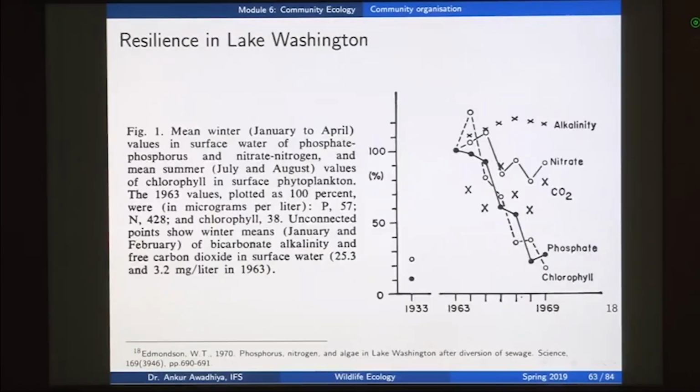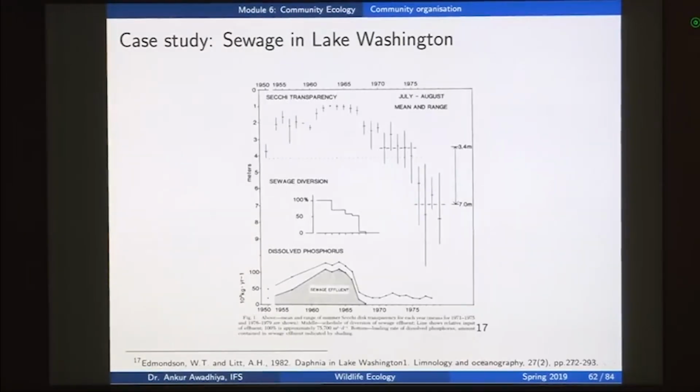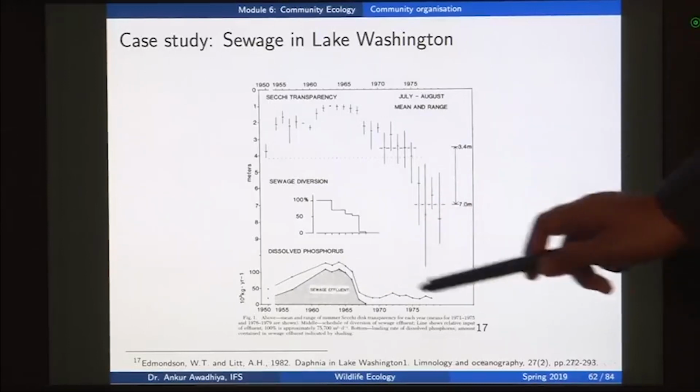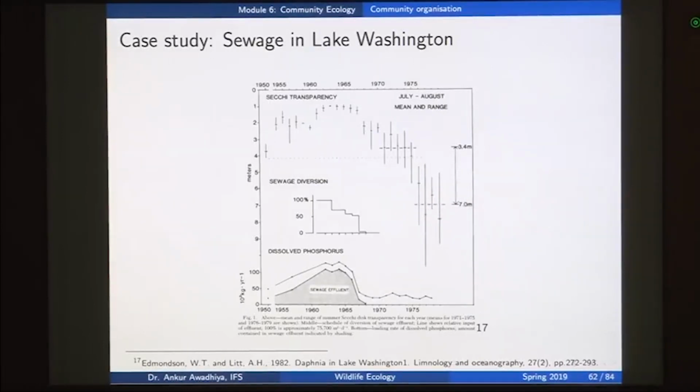Which gives us an indication that even if you have disturbed a community to a very large extent, you have added so many nutrients and so much sewage into the system, you are still able to come back. The communities are resilient enough that they are able to come back.